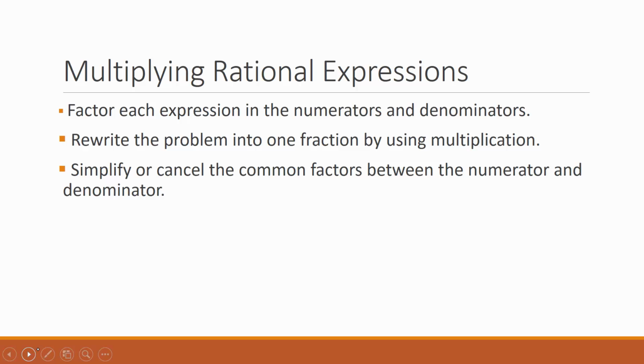So the first thing that we want to do is to factor each expression in both the numerator and denominators. Then we will rewrite the problem into one fraction by using our multiplication rule for fractions. Then we'll simplify or cancel the common factors between the numerators and the denominators.